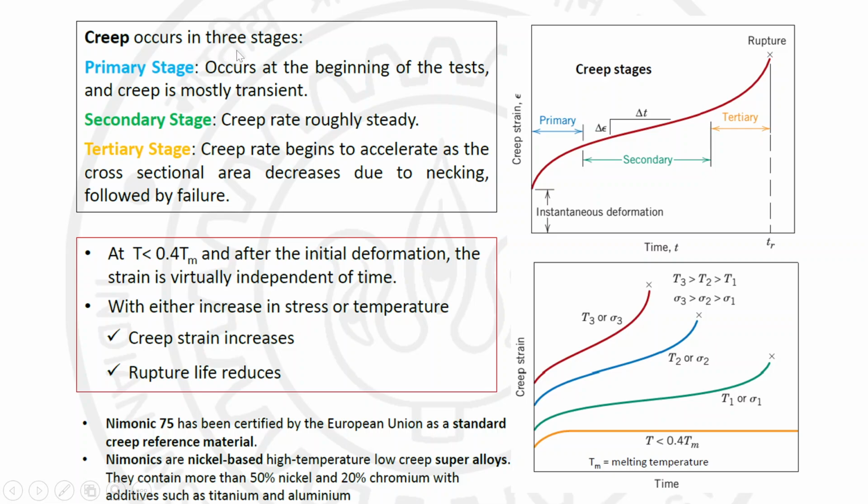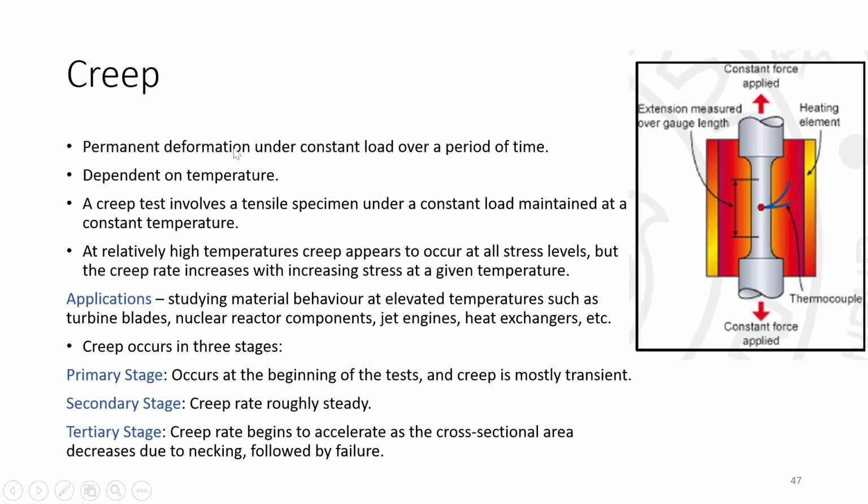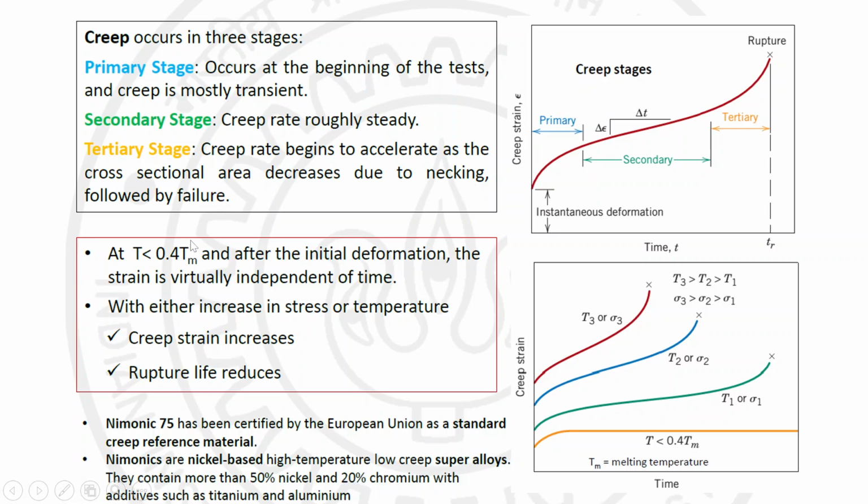As I told earlier, it occurs in three stages, and at temperatures lower than 0.4 times the melting temperature, after the initial deformation, the strain is virtually independent of time. With either an increase in stress or temperature, the creep strain increases and the rupture life reduces.